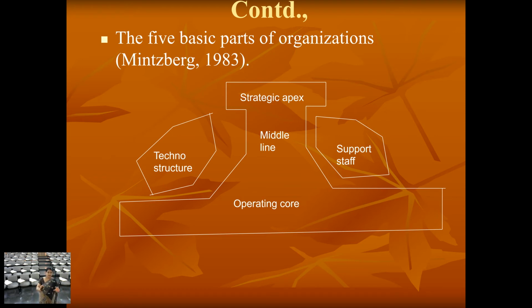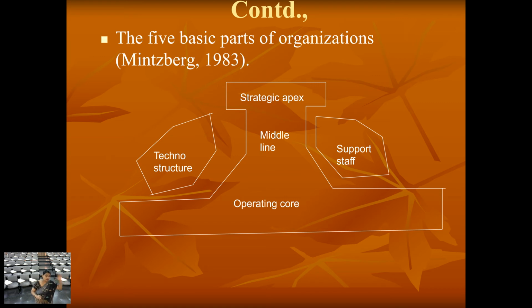When you are designing the organization, take care of this. Strategic apex, middle level, then you have the lower level. Levels are 3 only, what I taught you in my first class, 3 levels of management. Names are different. The top level is called by Mintzberg the strategic apex. The middle level is called the middle line. The lower level is called the operating core. But along with that, 2 supporting groups will be there.